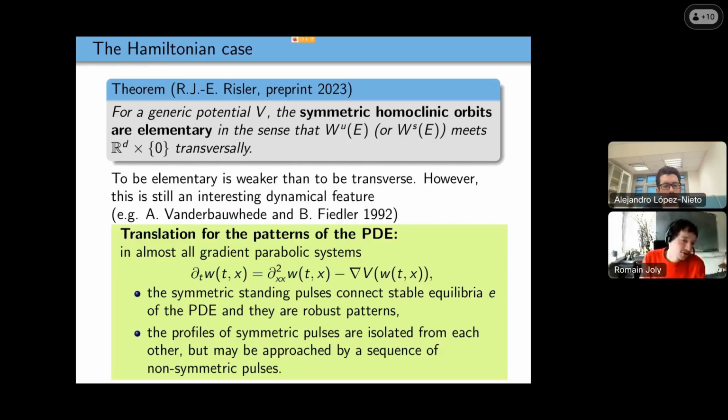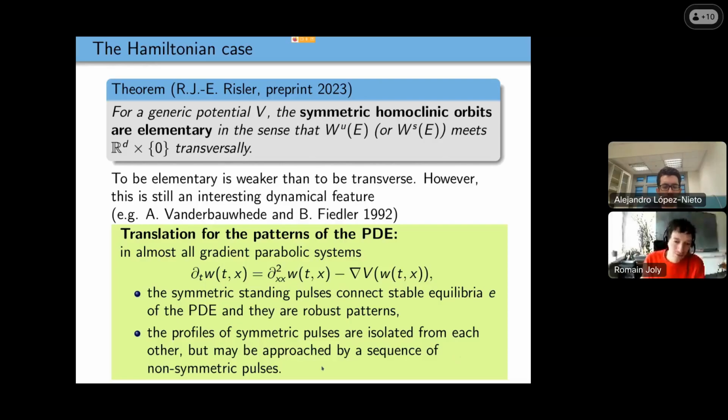If you look at standing pulses, the symmetric standing pulses only connect stable equilibria. You cannot have this pattern where standing pulses connect unstable equilibria. And again, you have robustness, and they are isolated from each other due to transversality and so on.